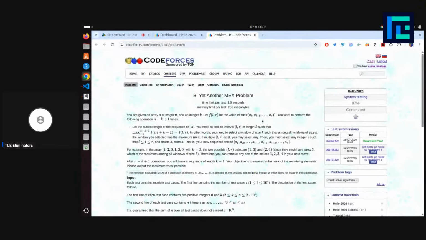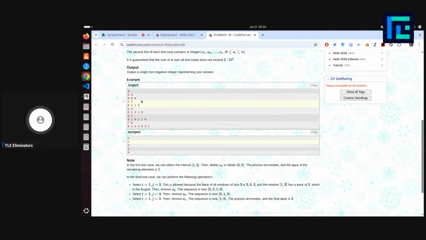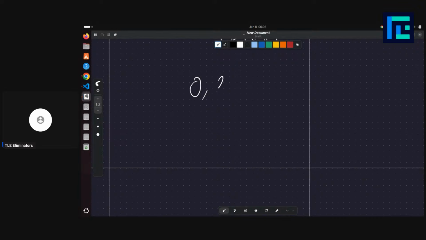For example, let's take 0, 2, 1, 3, and k is equal to 2. So we have to find a subarray of length 2. This subarray has max equal to 1, then this subarray has 0, and this subarray has 0.